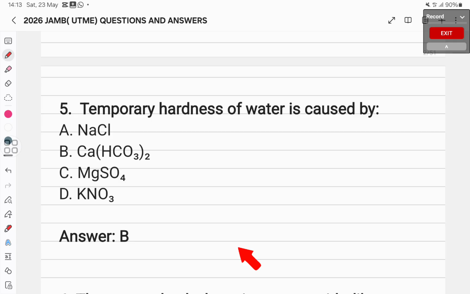This is the question of how it is removed by boiling. Look at it. Calcium hydrogen trioxocarbonate(IV) in the water, that's aqueous.